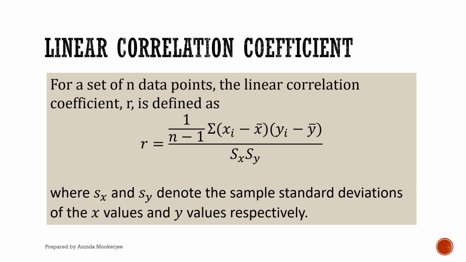Now that we have an understanding of what the linear correlation coefficient is about, let's look at the formula to calculate the R value, right? Now this is the defining formula here. Like any other metrics, we have two sets of formulas. One is the defining formula and the other one is the computing formula. The computing formula is far more efficient.